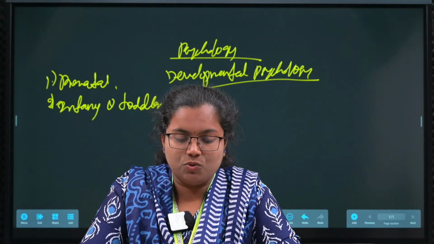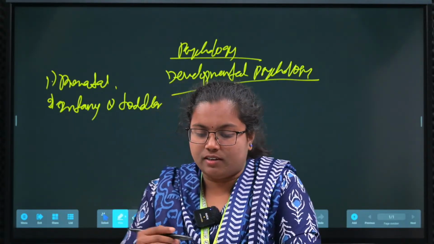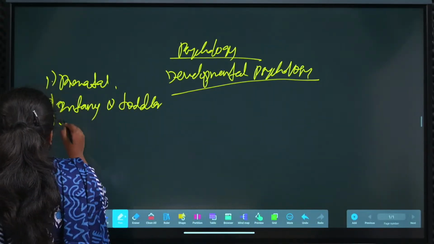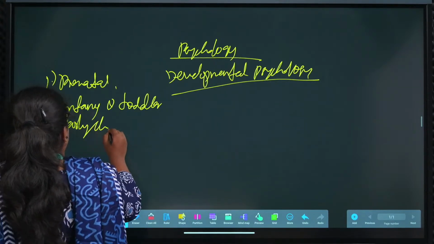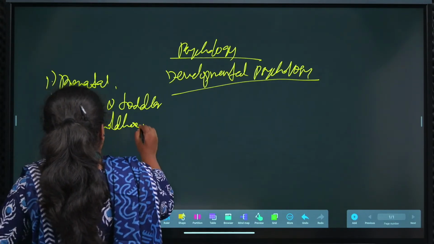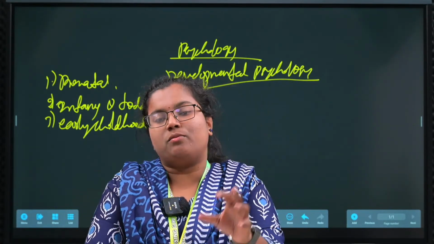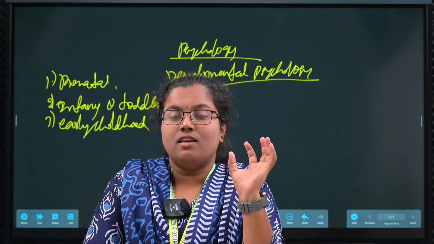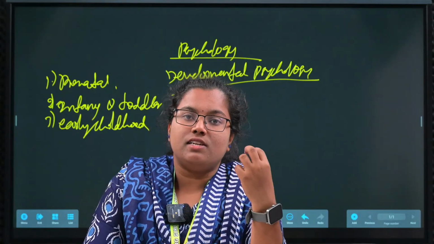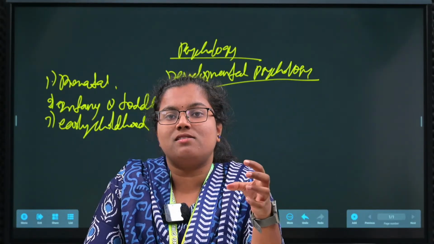The next one is early childhood. Early childhood starts from 2 years to 6 years. In this duration, the child will be involved in some activities.